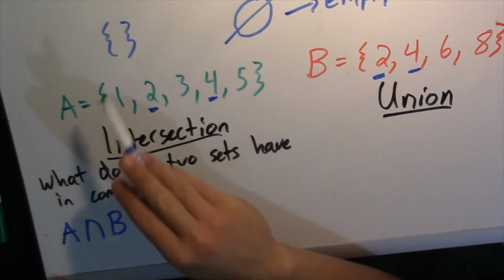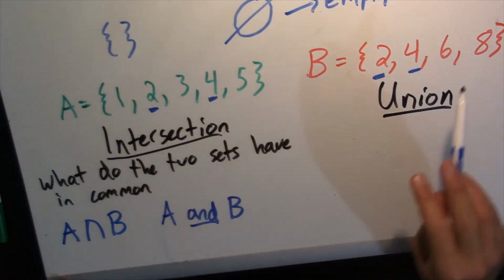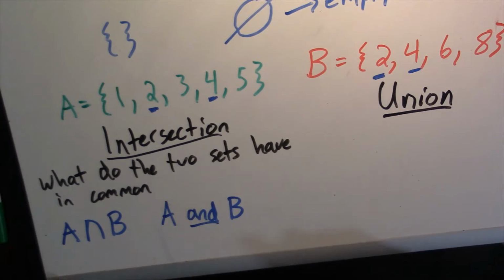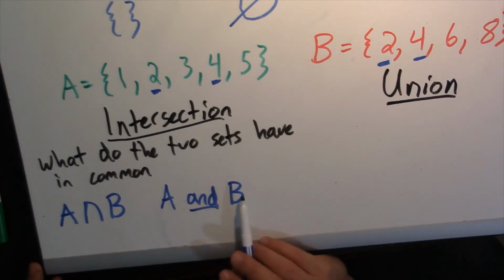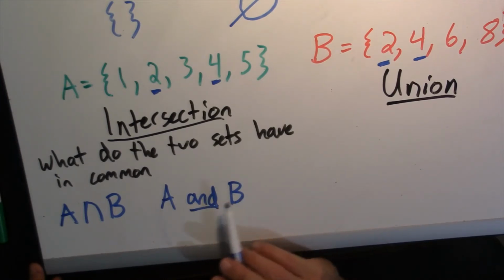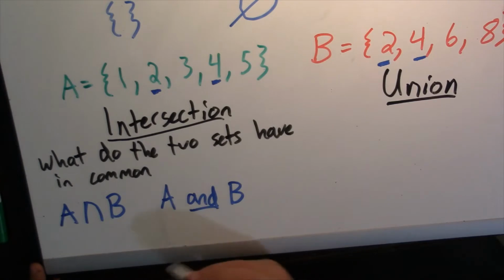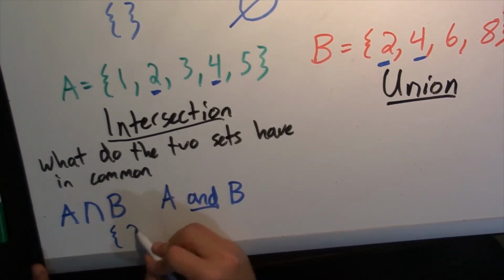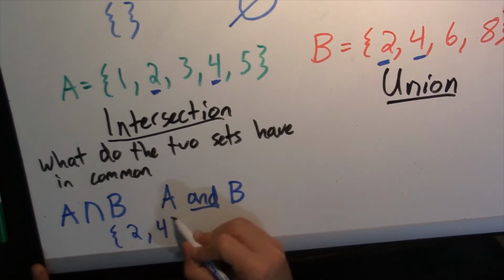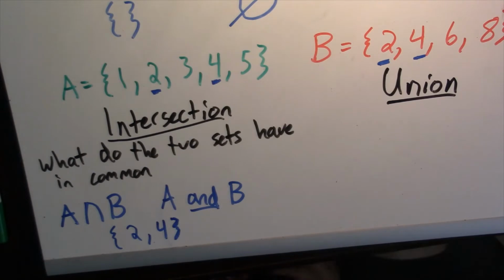Every other number, 1, 3, 5, 6, and 8, only appears in one or the other. 2 and 4 are in both A and B. So the intersection of A and B would be the set 2, 4. That's the intersection of A and B.